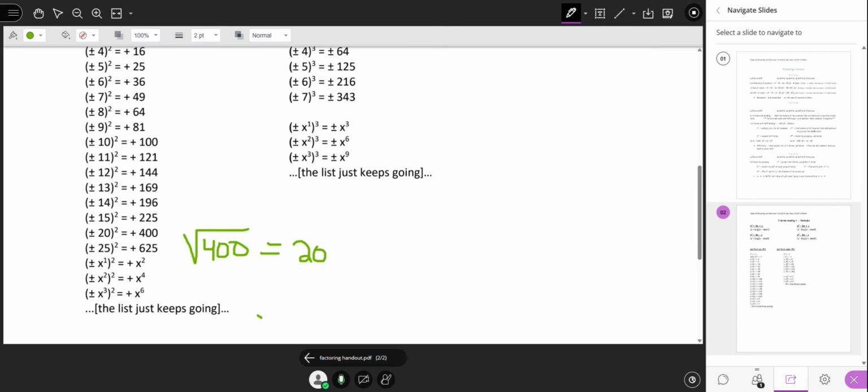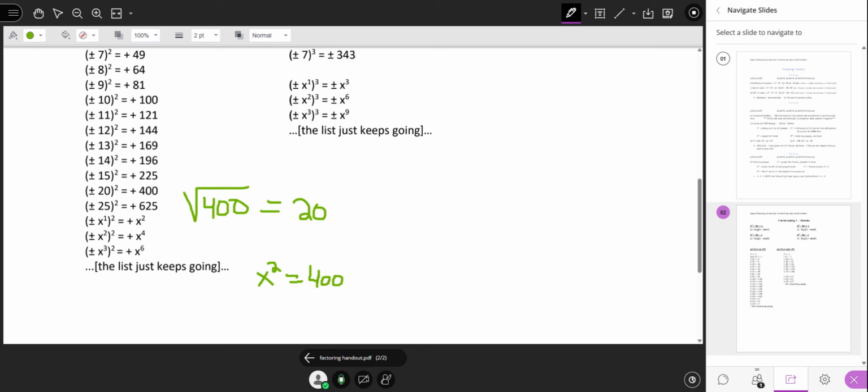But if I have x squared equals 400, that's x squared. Squared, I don't know if it started out plus or minus. So when I go to x equals, I have to have both the plus and the minus 20.